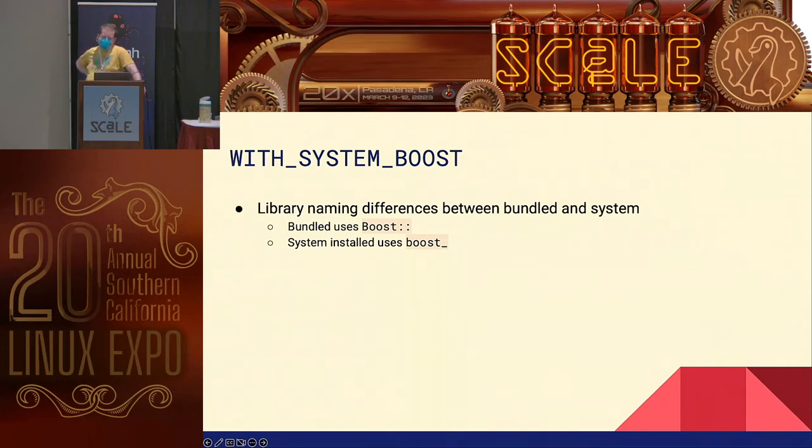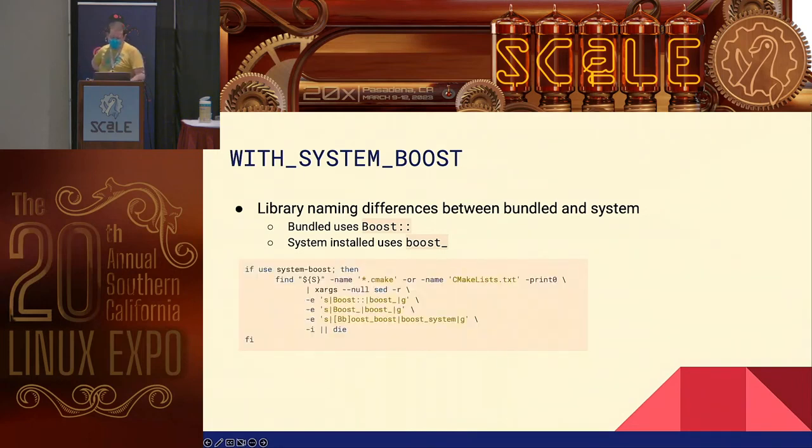And I believe around Ceph 16, I finally came up with this patch that goes across the entire build system and changes Boost:: to Boost_, and that's been the same ever since. But it would be kind of nice if I didn't have to set the entire build system to use a system Boost.